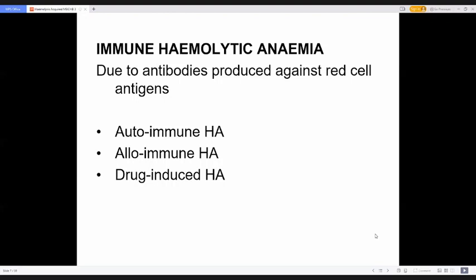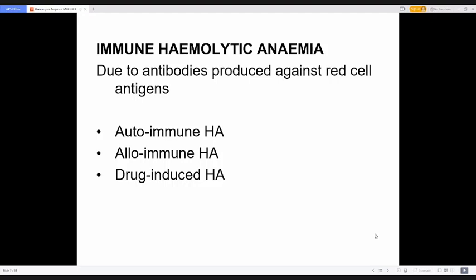So an incompatible blood transfusion reaction is an alloimmune hemolysis, because the antibodies have been provoked by the transfusion of the foreign red cells that have been transfused into the recipient. Right? So that's a second good example of alloimmune hemolysis.